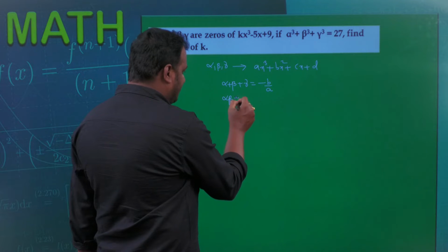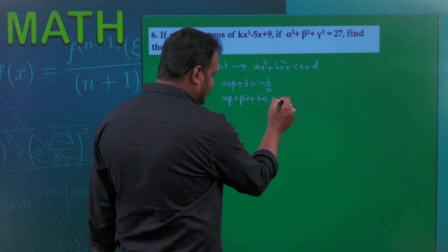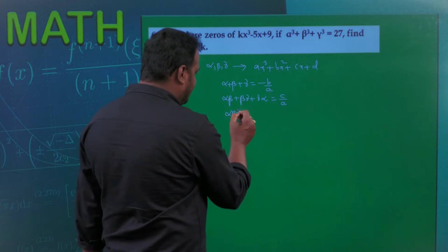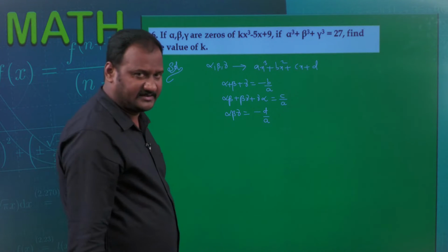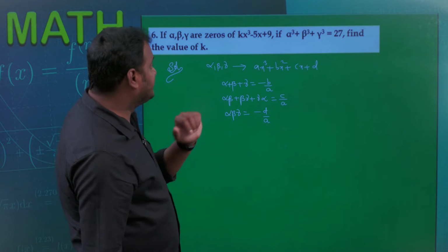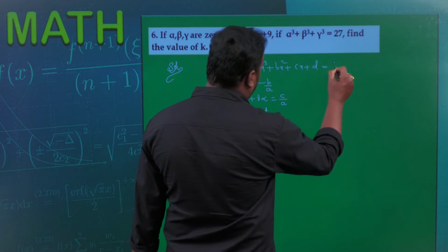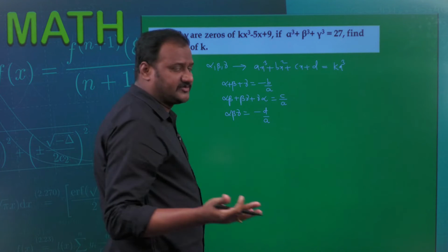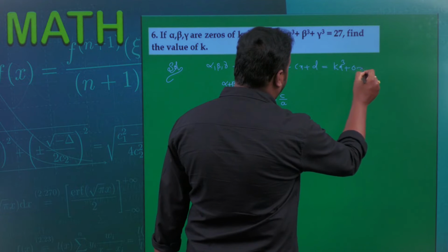Alpha beta plus beta gamma plus gamma alpha is going to be c by a, and alpha beta gamma is going to be minus d by a. Correct? Now, what is the given equation? The given equation here is kx cube. What is square term? X square term is missing. So I will write that as 0 into x square.